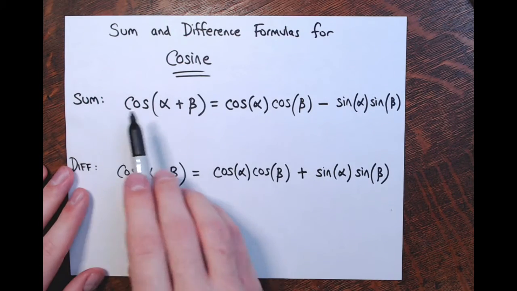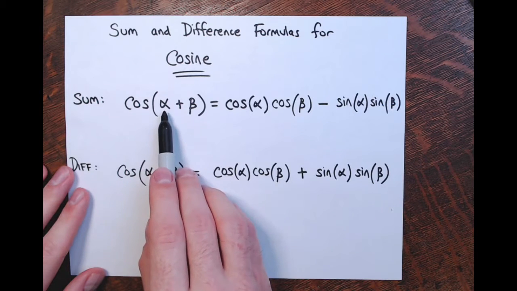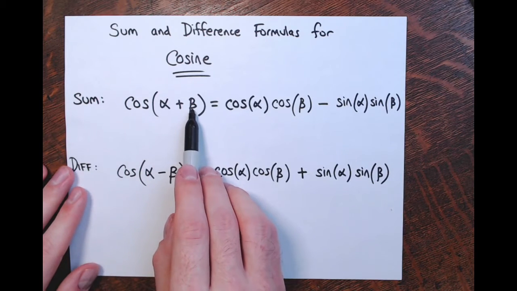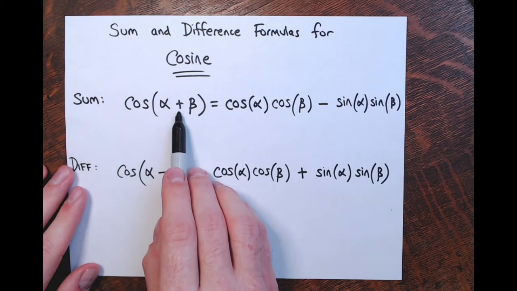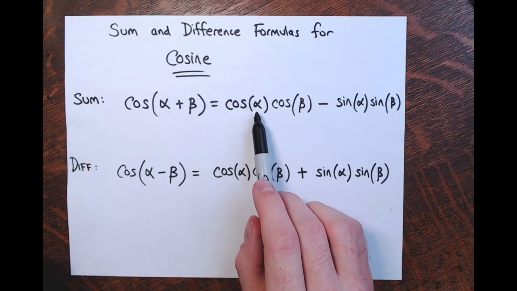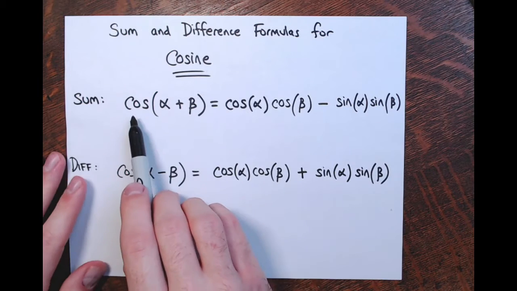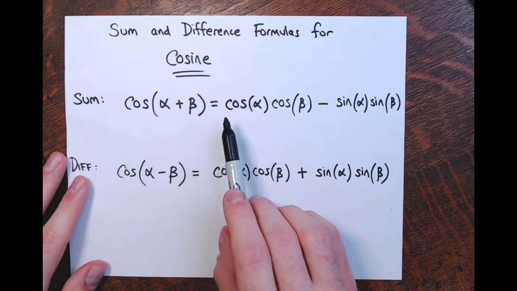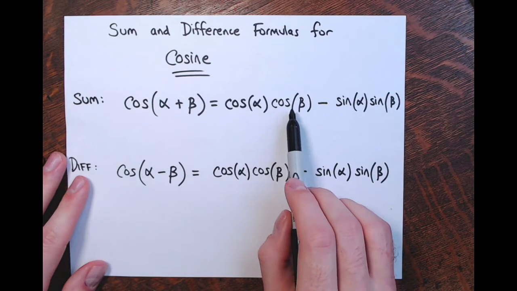Now for the sum of two angles, when you're taking the cosine of, say, angle alpha plus angle beta, you add the angles up, get a new angle. The cosine of this new angle, the sum, you can rewrite as an expression involving the cosine of each individual angle. So the cosine of alpha plus beta is equivalent to the cosine of alpha times the cosine of beta.